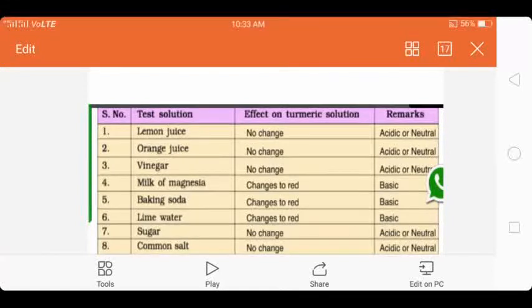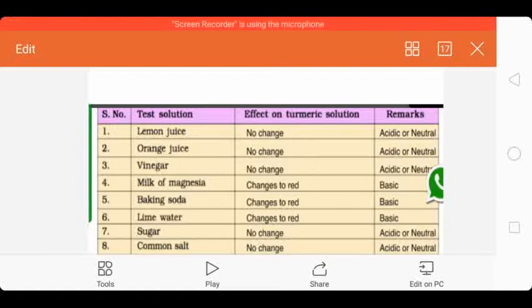Okay, so let us discuss some substances and what happens if turmeric solution is added into them. First one is lemon juice. Lemon juice consists of citric acid. An acid is present in lemon juice, so when you add turmeric solution into it, there will be no change.